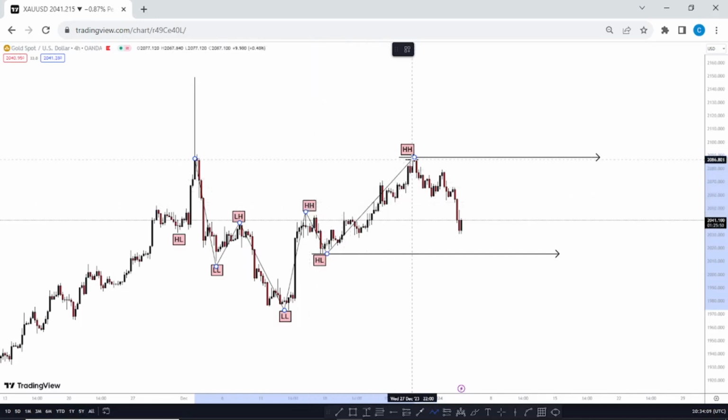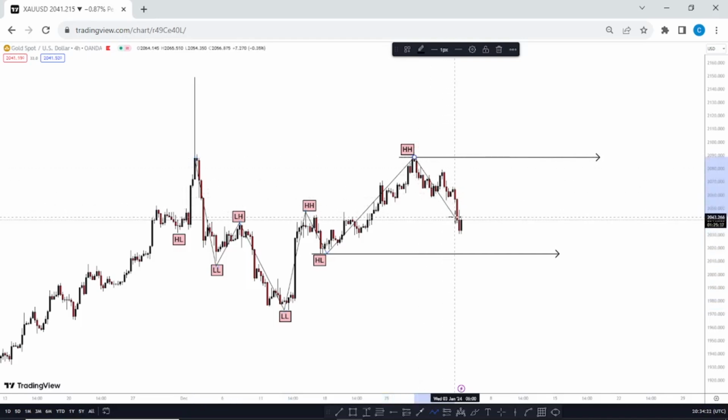So now after this higher high was created, what was I expecting price to do? I was expecting price to come back down to retest its previous higher high as a support and continue to push back up.